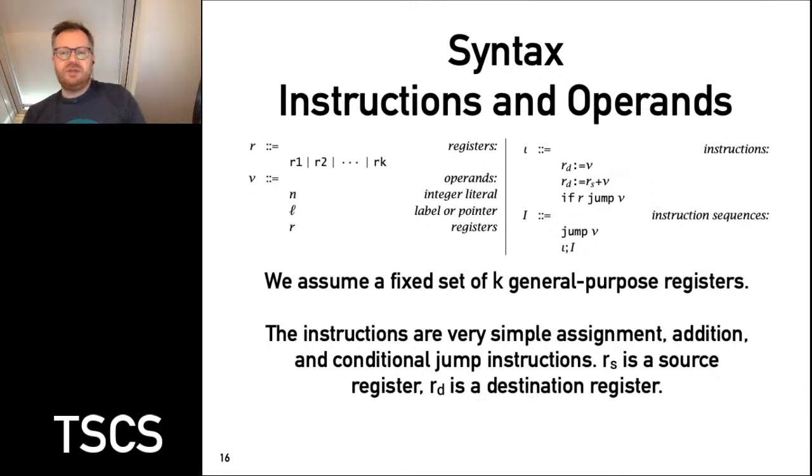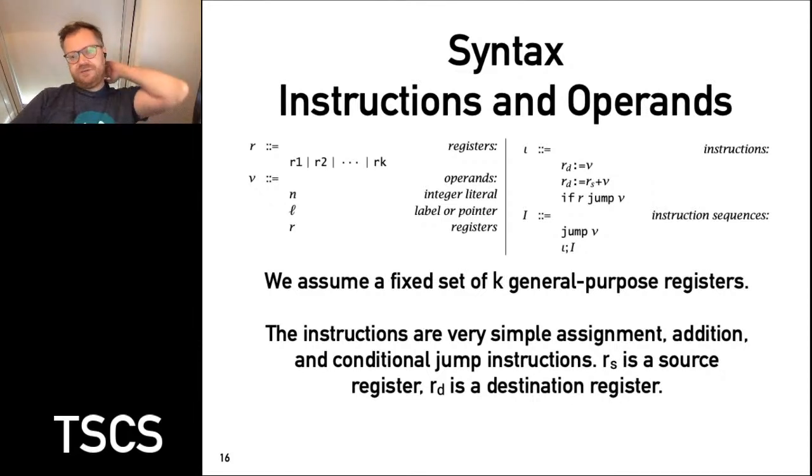And then you can sequence, which basically tells us you can either do a jump, or you have another instruction before, and then you have the I at the end, which also means that your terminal instruction will always be a jump. Because if you unfold this, the only way you can terminate the sequence is if you have a jump at the end. So any kind of instruction sequence always ends with a jump.